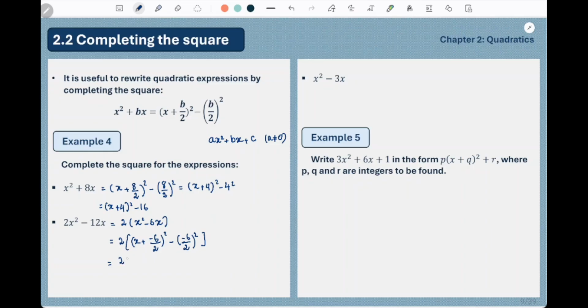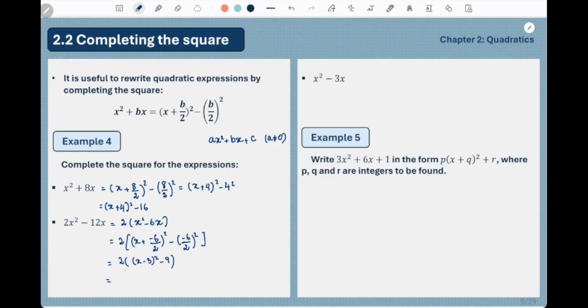And if we were to simplify, it's going to be 2 times x minus 3 squared minus, so minus 6 over 2 is minus 3, so it's going to be minus 9. Again, we can simplify this one a further step.